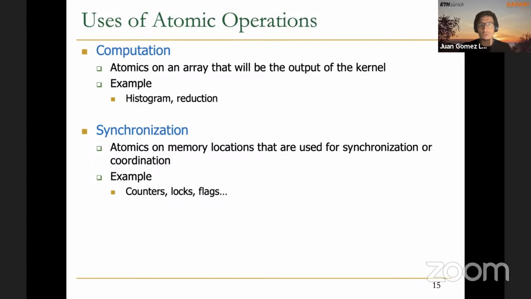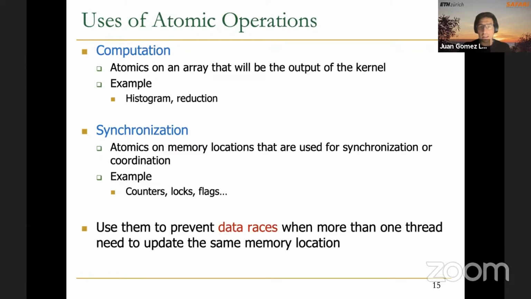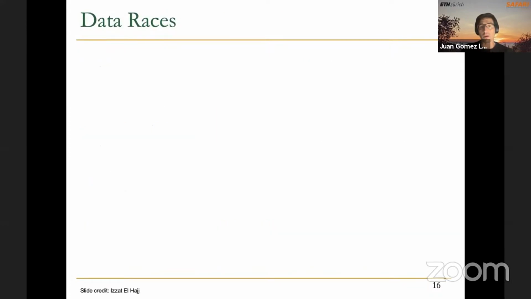So this would be a use of the atomic operations as a synchronization primitive. In the end, the most important thing to keep in mind is that we should use atomic operations wherever we want or need to prevent data races, which may happen when more than one thread needs to update the same memory location.